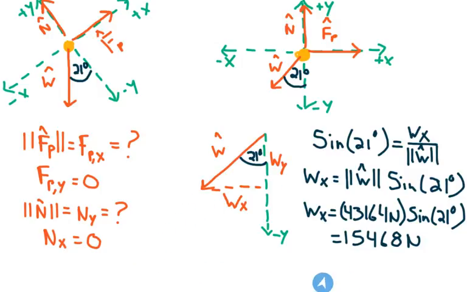So I've got just a little bit of room down here at the bottom, so it's going to get slightly cramped, but I think you can handle it. So let's use the cosine function this time. We know that the cosine function is equal to the adjacent over the hypotenuse.